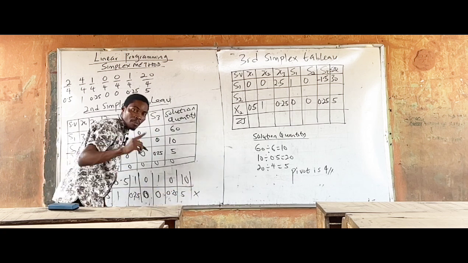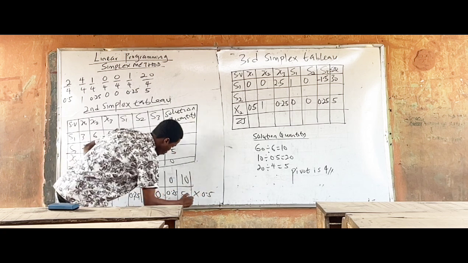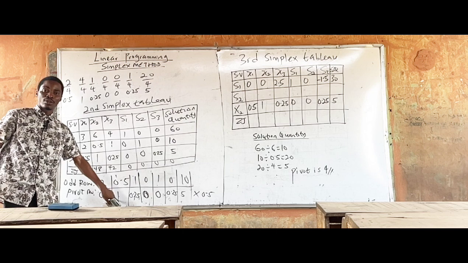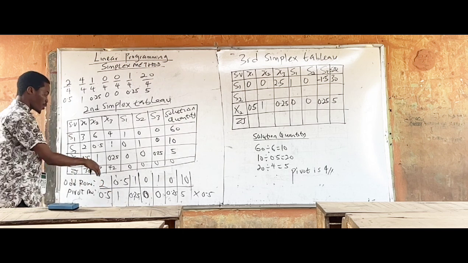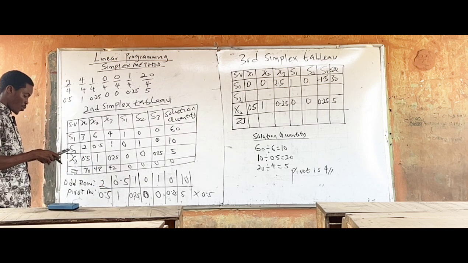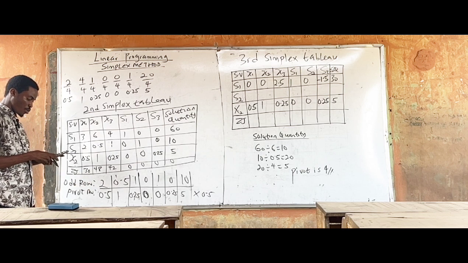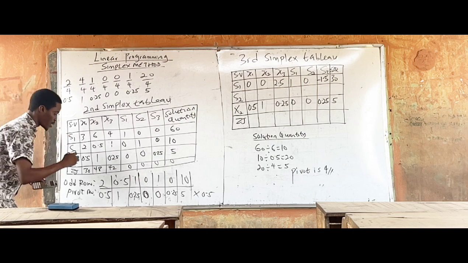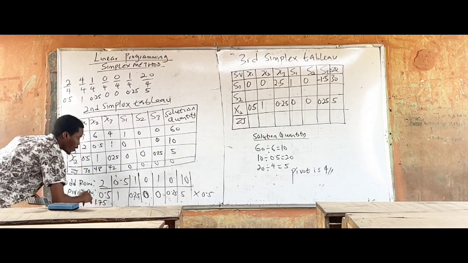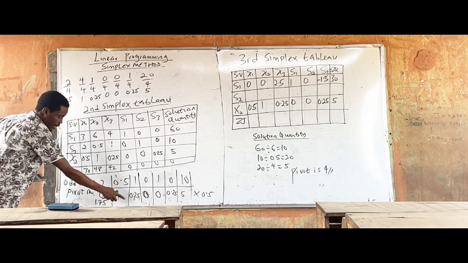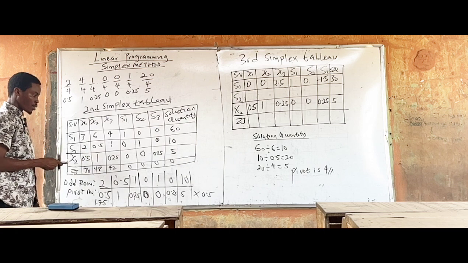So I'm going to multiply my pivot row by 0.5 so that I will be able to get 0. So 0.5 times 0.5 is 0.25. 2 minus 0.25, I'm going to get 1.75.